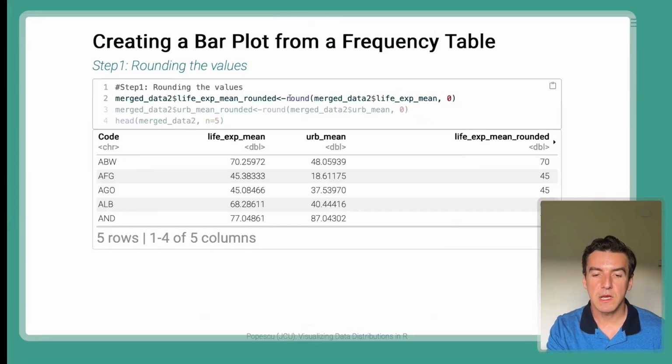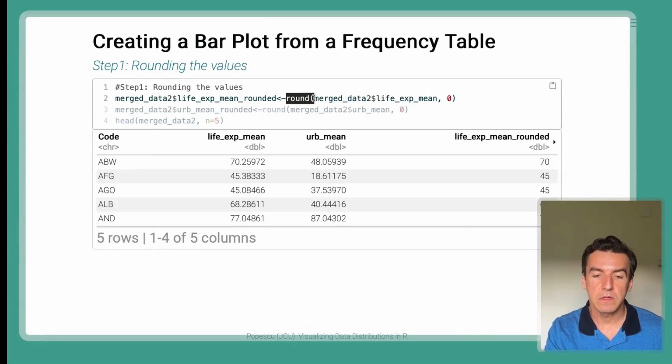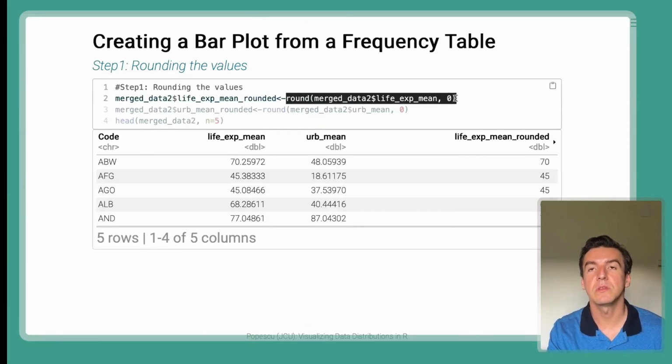So that is precisely the point of this piece of code. Remember, this is the data frame, the merged data frame. This is the average life expectancy. And then this is the part of the code that rounds the value. So rather than having a decimal, like 51.5, we're going to have 52 as a result of this code.